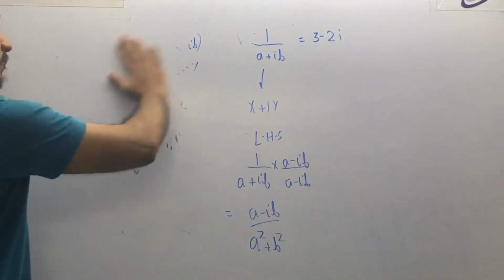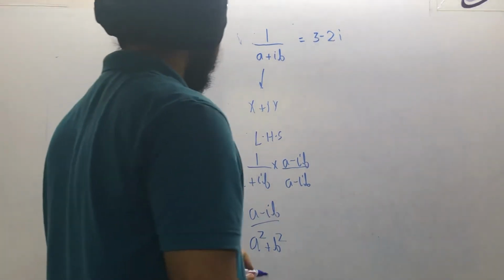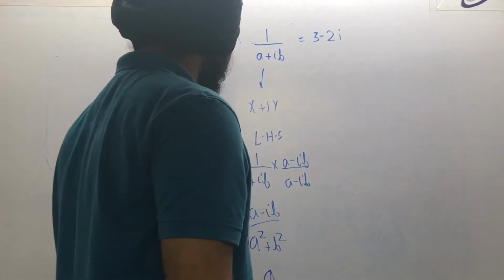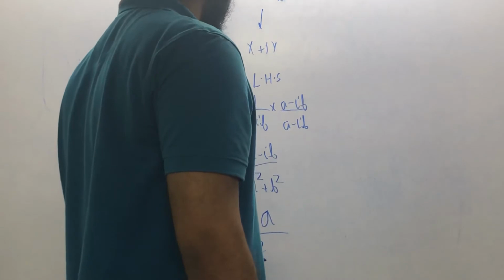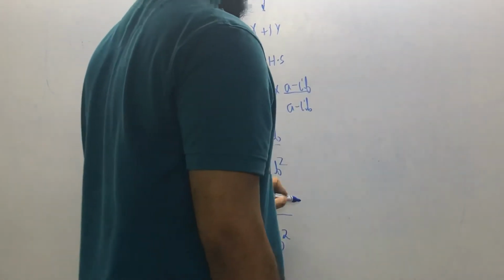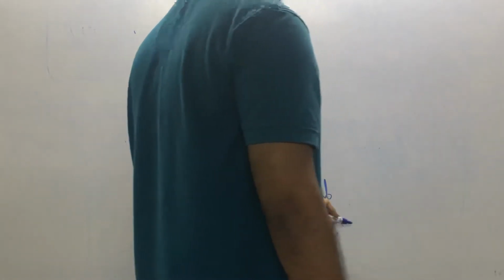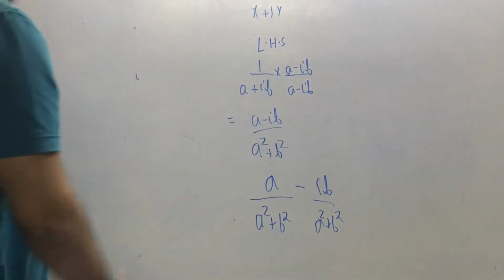Okay. So now look carefully here. Now just separate the real and imaginary parts. So it is a upon a square plus b square, minus iota b upon a square plus b square. Okay.